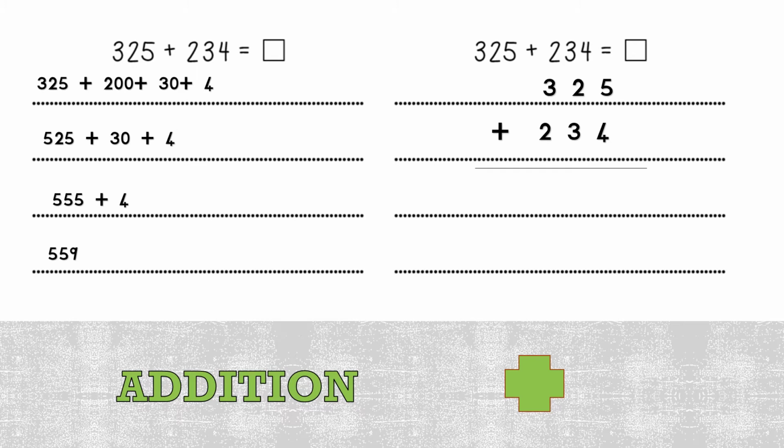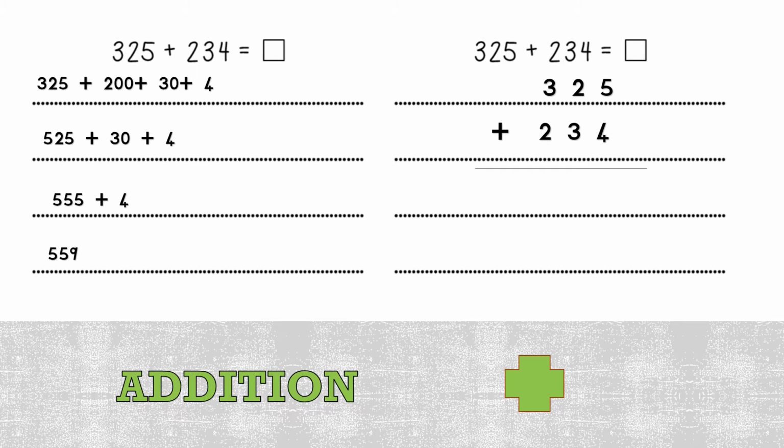Okay, option number 2. Again, like I said, remember to put your hundreds, tens, and units underneath each other. So the number sentence says 325 plus 234.